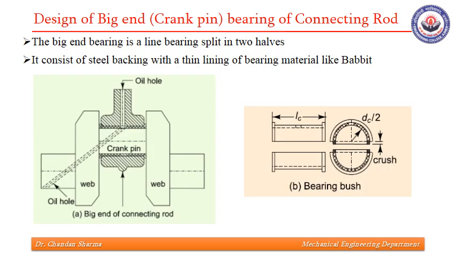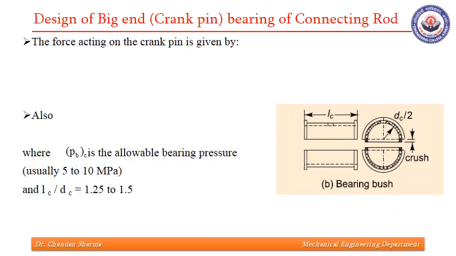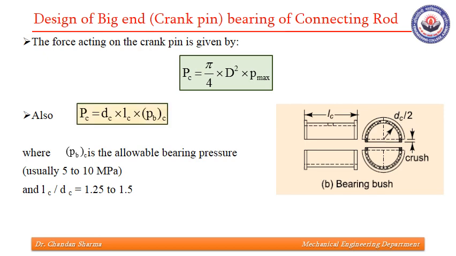This is being used for designing big end bearings also. The big end bearing is a line bearing that is split into two halves. It consists of steel backing with a thin lining of bearing material like babbitt. It is seen over here. So we need to find this LC and DC. The force acting on the crank pin is given by the same formula, and again PC is DC into LC into PBC.